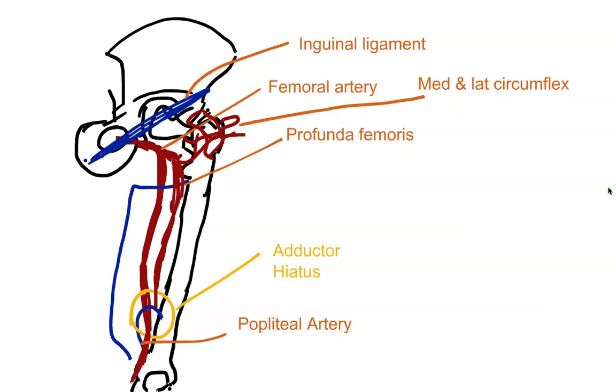And then 3 or 4 branches come off to supply the medial and posterior compartments of the thigh. These are the perforating arteries, because they perforate the intermuscular septa. So where the femoral supplies the anterior compartment, the perforating arteries supply the posterior and medial.